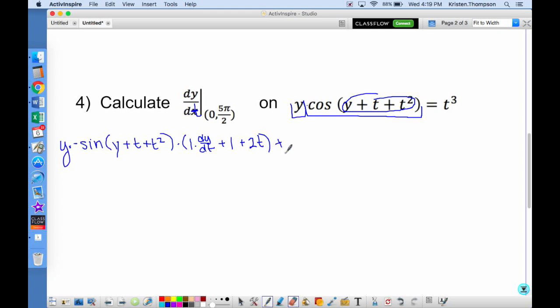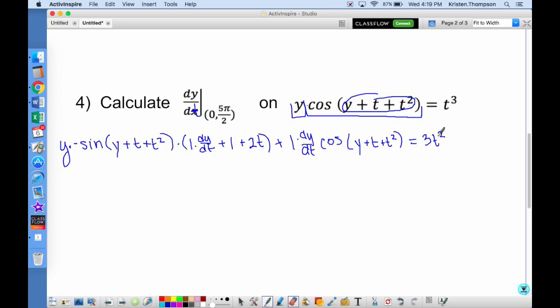That was leave it alone, take a derivative. Now I'm going to add, take a derivative, 1 times dy dt, leave it alone. That was the derivative of the left side. The derivative of the right side is thankfully much easier, just 3t squared.